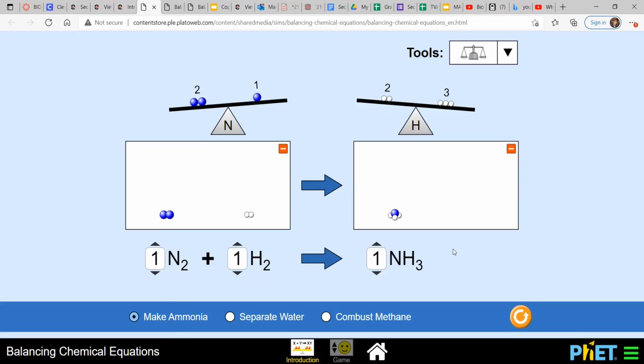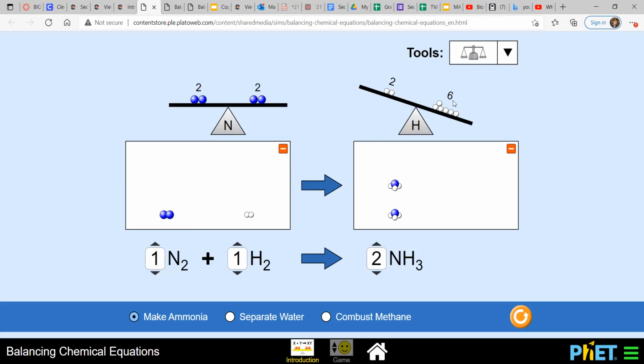If we add ammonia on the right-hand side, you see that is not quite balanced. So we have two nitrogen over here, one nitrogen over here, two hydrogen over here, and three hydrogen over here. So we'll have to add another ammonia to the right-hand side of the equation that has balanced our nitrogen, but our hydrogen needs to be balanced on the left-hand side.